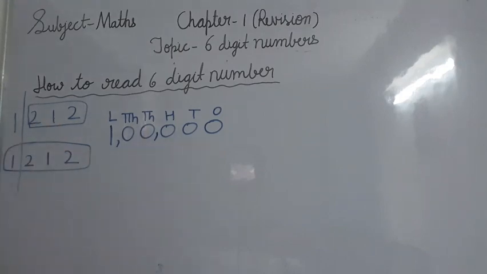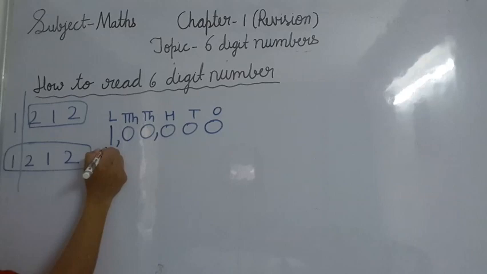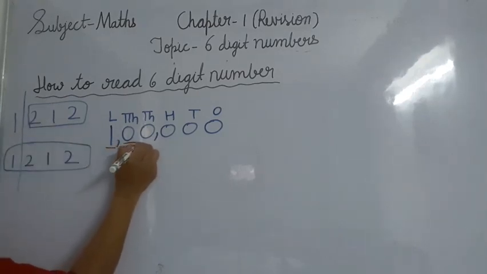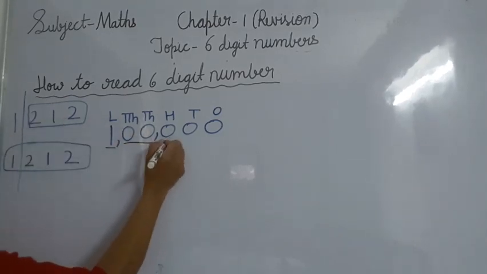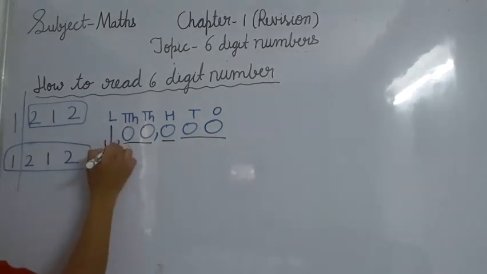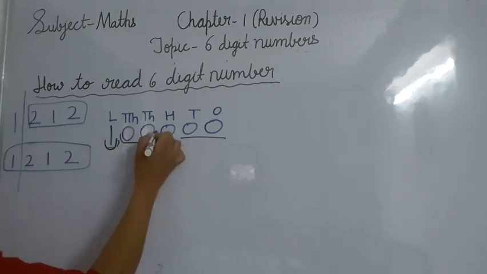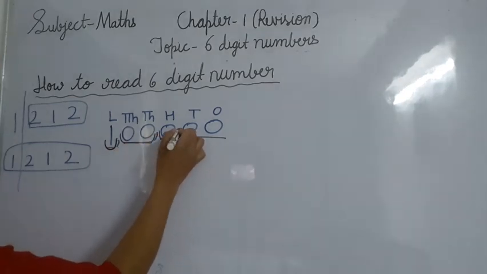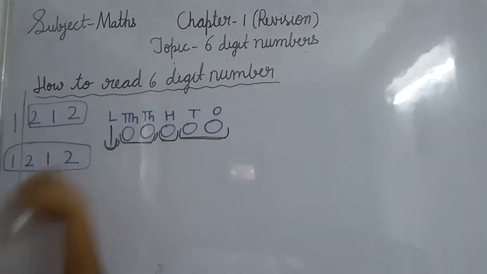Now we'll divide the number into 1 2 1 2 groups: 1 number, then 2, then again 1, then 2. The single number is read, then 2 numbers are read together, then one single number is read, then these 2 numbers are read together.